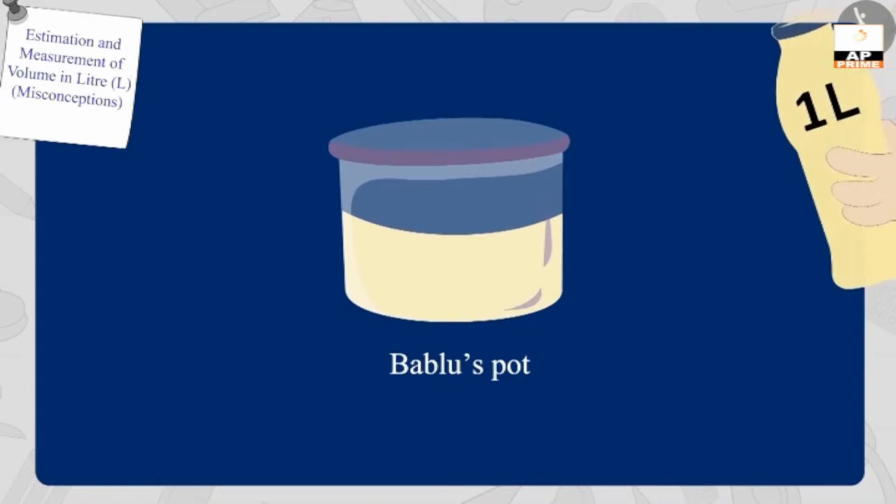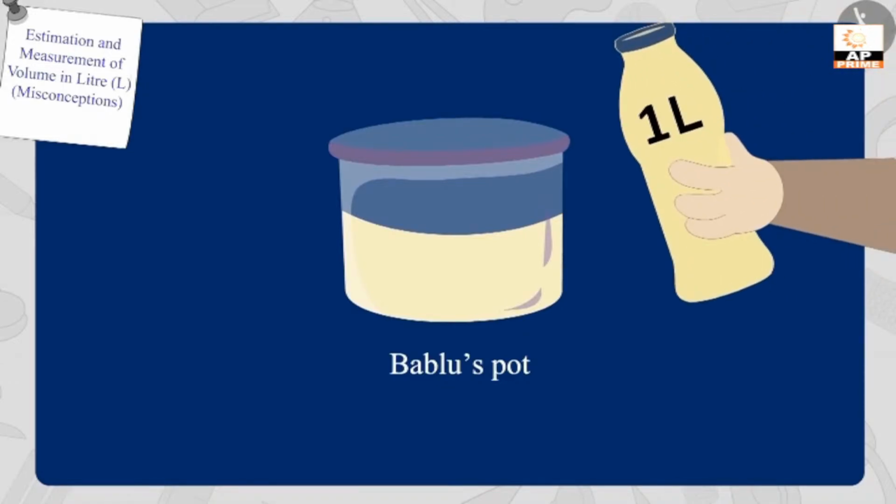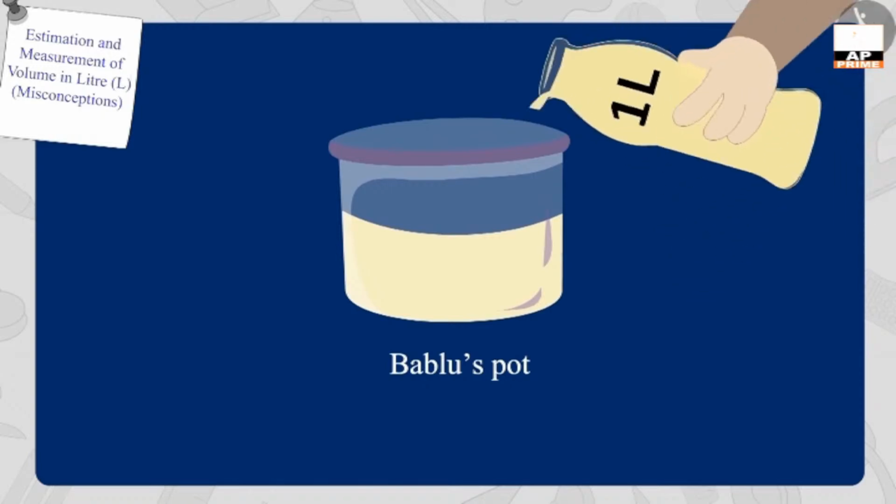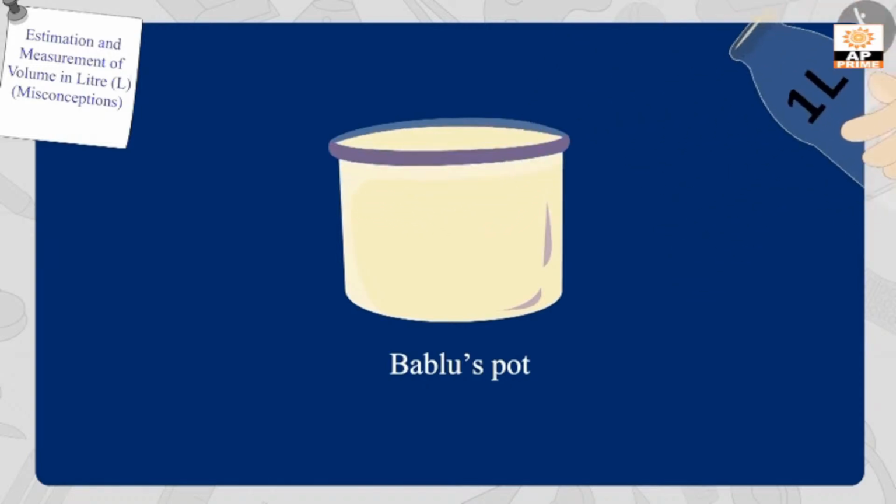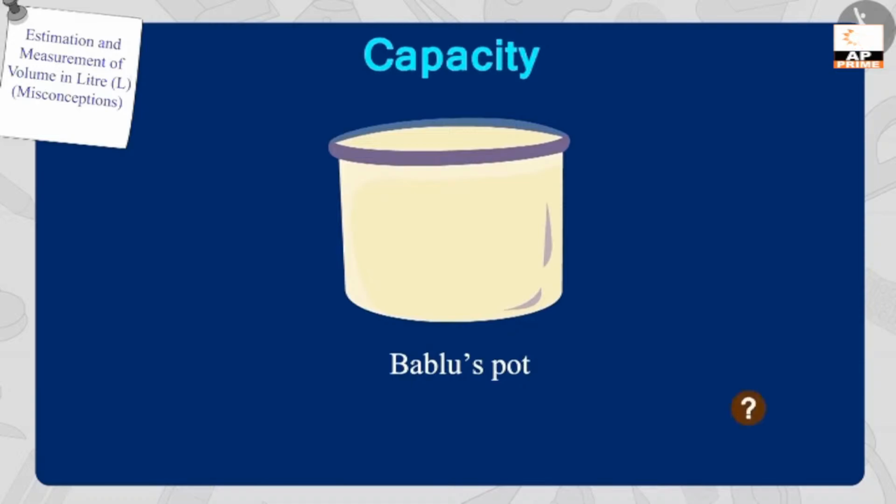Now Bhola poured oil from his 1 liter bottle again into Bablu's pot. In this way, how many liters are there in Bablu's pot? Exactly. Bablu's pot has a capacity of 2 liters.